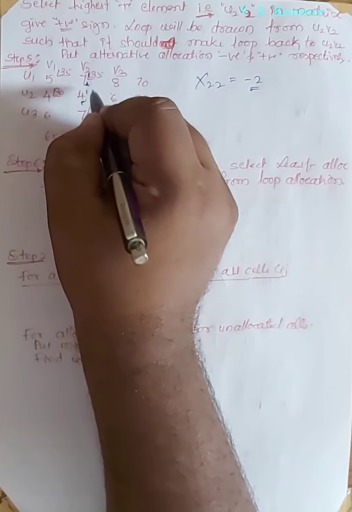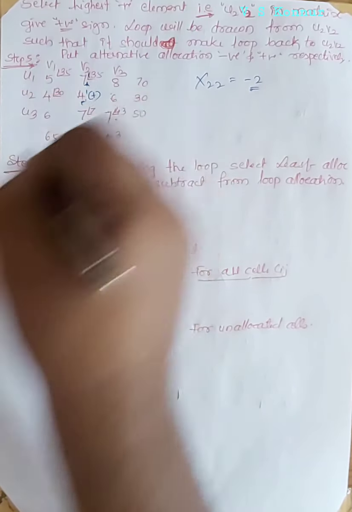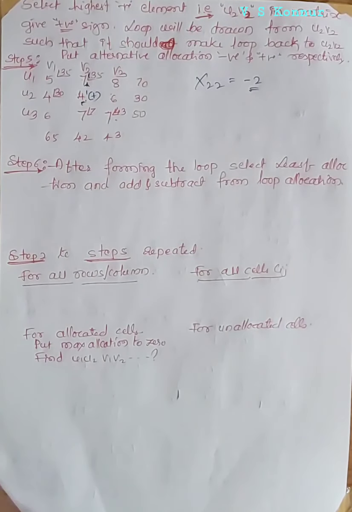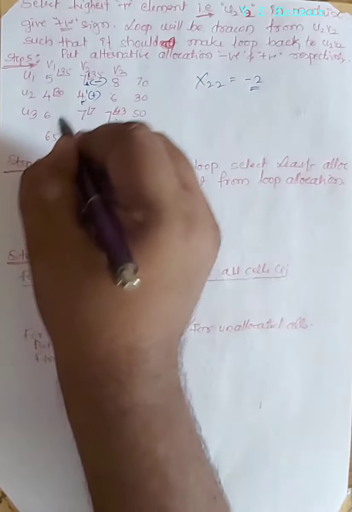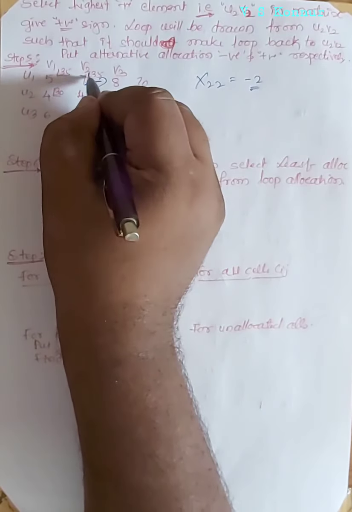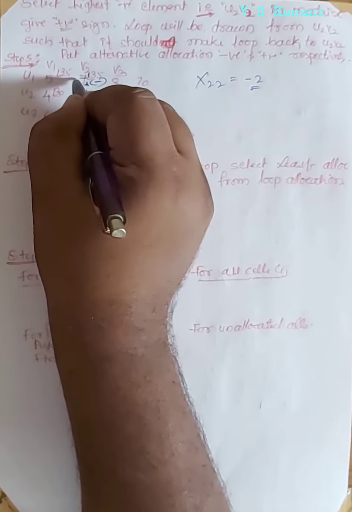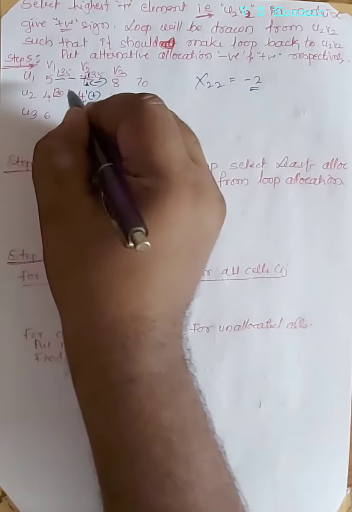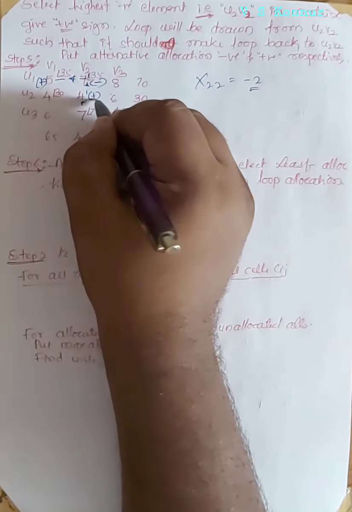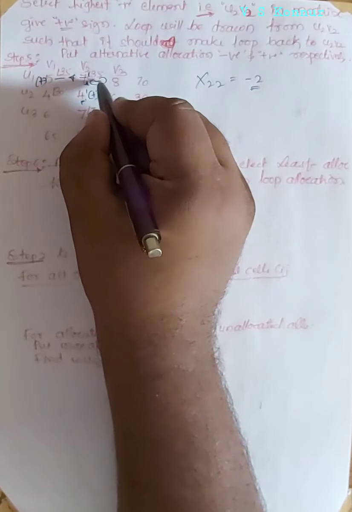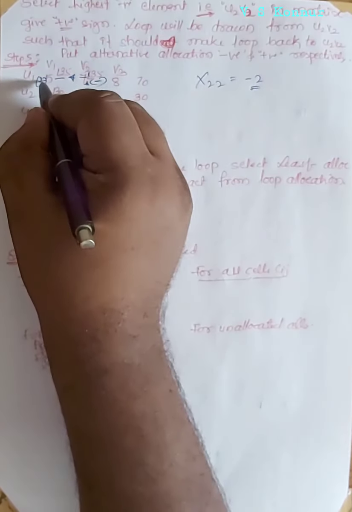You have to draw the loop and assign x22 as a plus. Whenever it is moving to the next allocation, you should assign a negative sign. First loop I have drawn. From this, once again it has to move to an allocated cell, and we should give alternating plus and minus. Plus, next I have given minus, next plus.